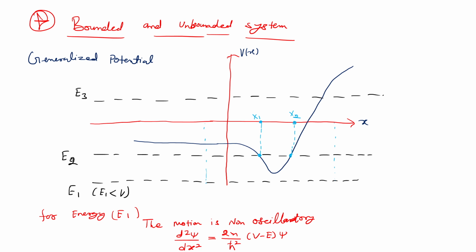Okay. But now the most interesting part, which is E2 energy. If you understand E2, we will write directly for E3. For E2 now we will discuss, and this is a very important concept. This will decide your bounded system and unbounded system, very clearly.